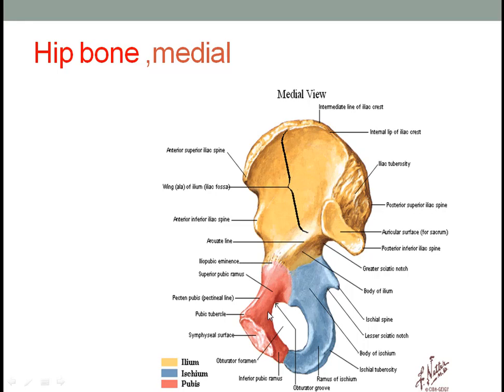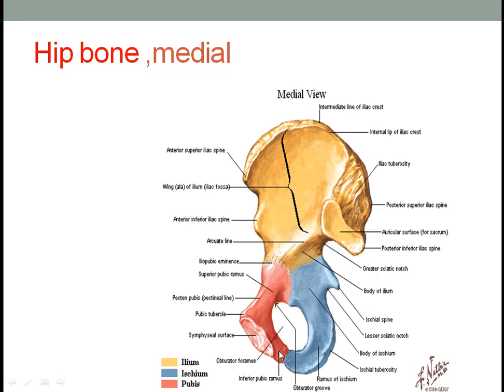Again, this is the pubis and this is the ischium from medially. So this is here the symphysial surface where the two pubic bones unite together. We have the symphysis pubis at this side.